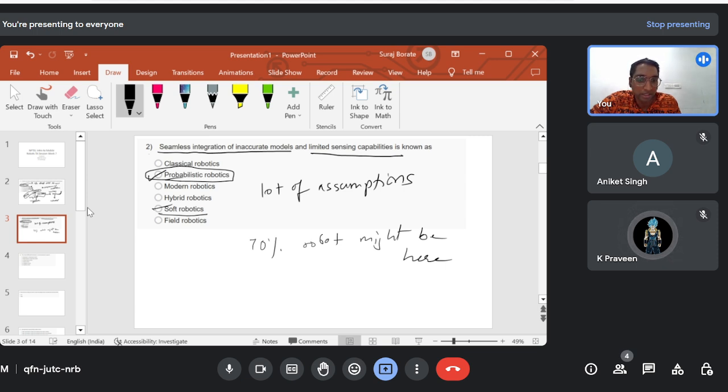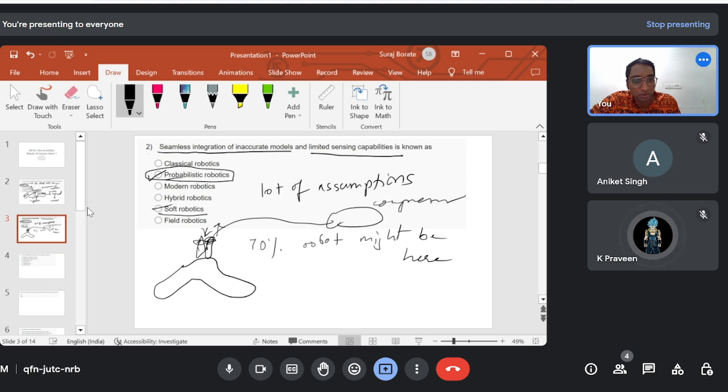For example, there are grippers like this, which can be actuated by inflow and outflow of air using valves over here, and some compressor. So you can actually inflate and deflate this gripper. The finger can close and open. Such robots are called soft robots, and this is made up of some soft material. So it can have different types of actuation techniques and all.